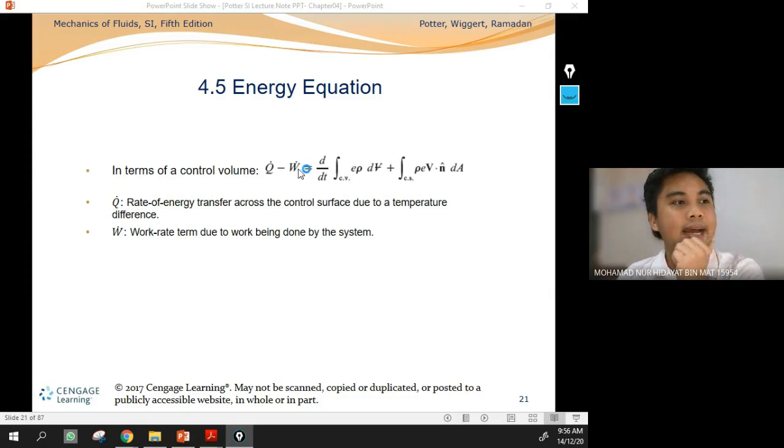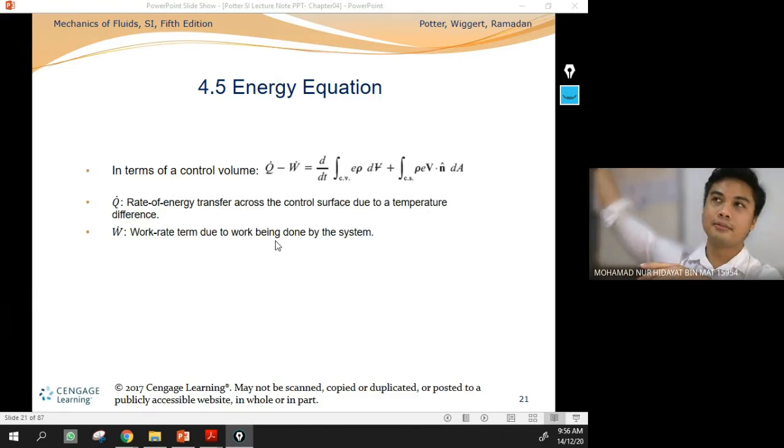And W dot is the work rate due to the work being done by the system. That means the system produces its own work. Now try to figure out how the system produces its own work. You can see this mechanism normally in a turbine.